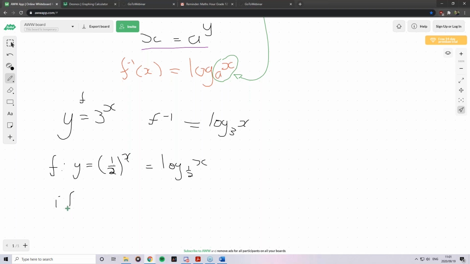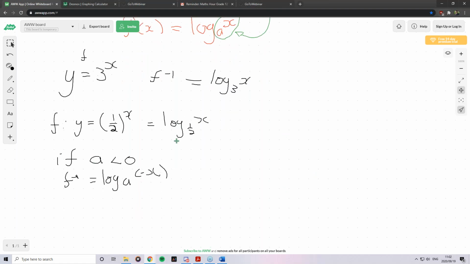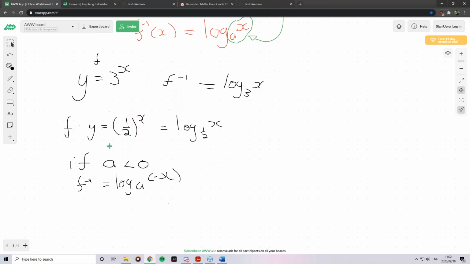Now, if a is negative, you can just write the inverse as log base a of minus x. This you can prove using the swap x and y, but you can just remember this.